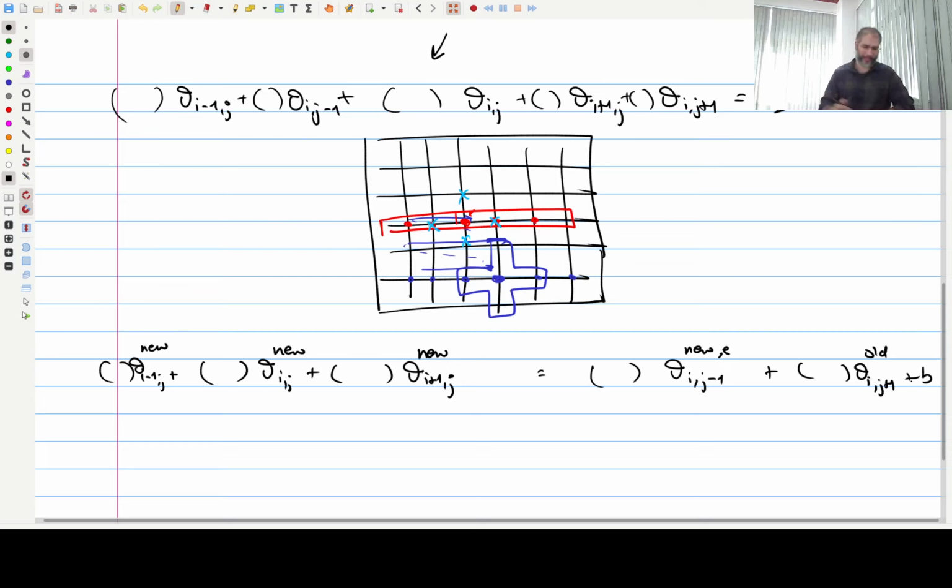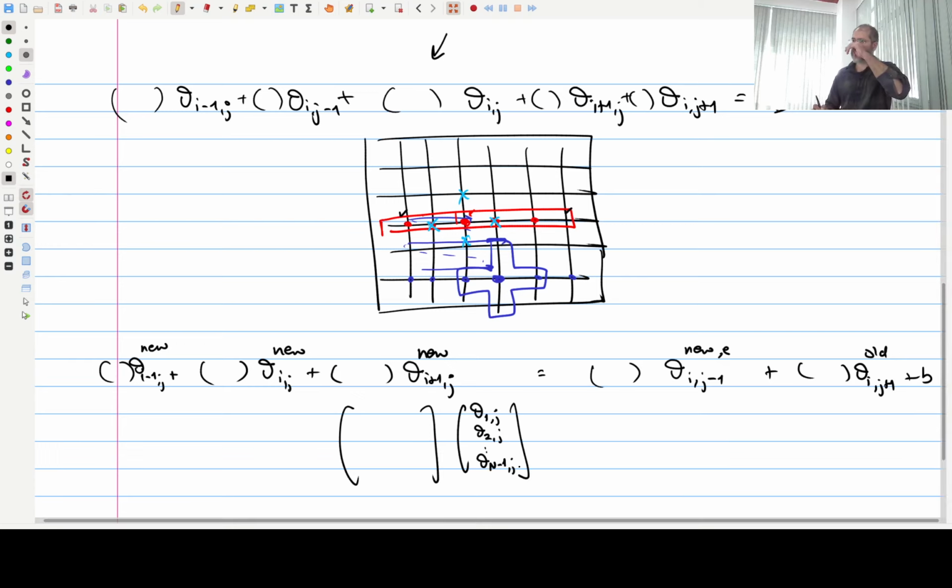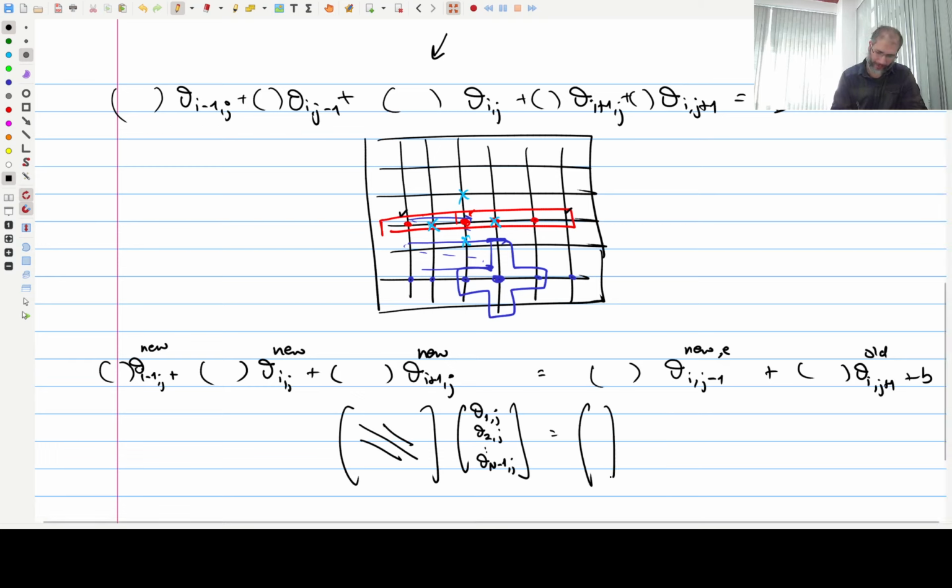So by solving that matrix system, where the unknowns are starting from this point and going to this point, so they'll have indices, let's say i equal to 1 and then some j value, then i equal to 2,j, and all the way to i equal to n minus 1,j. So these are the unknowns here, and you will see that you will get a tri-diagonal matrix because every equation has one point to the right and one point to the left. So that gives you a tri-diagonal matrix, and then you have some RHS value.